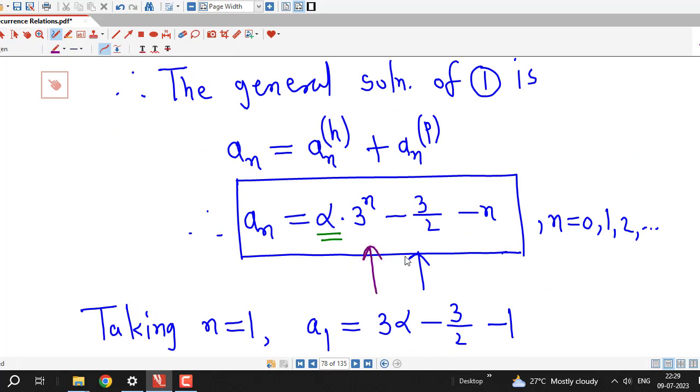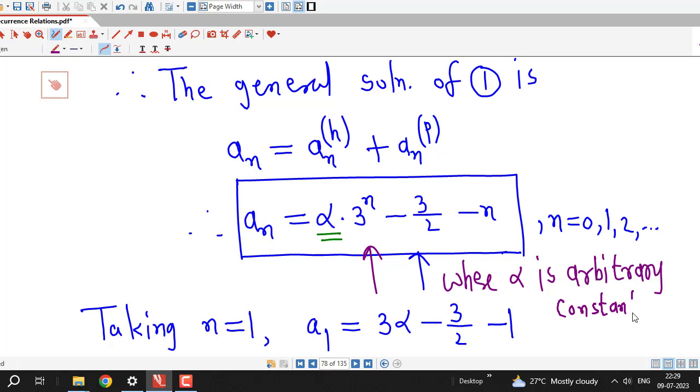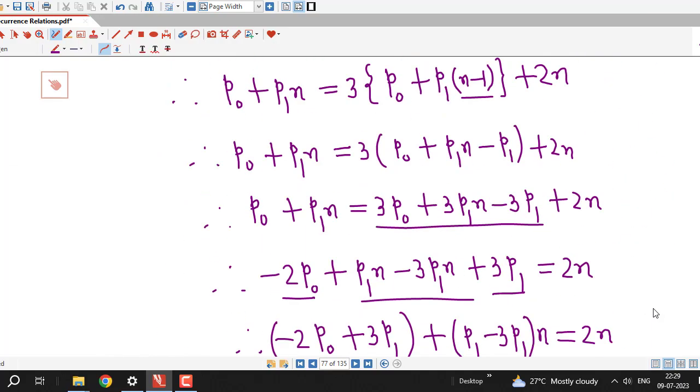and this includes all solutions of the given non-homogeneous recurrence relation where alpha is an arbitrary constant. For different values of alpha we will have different solutions to the given recurrence relation. Therefore this expression is in general, and therefore it is known as the general solution of the given recurrence relation.